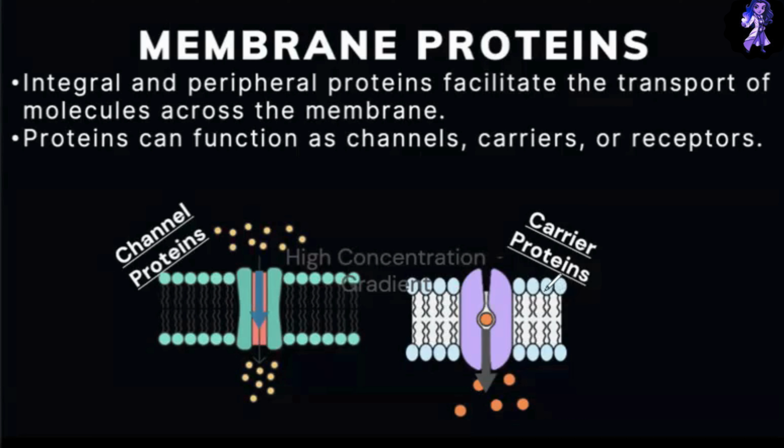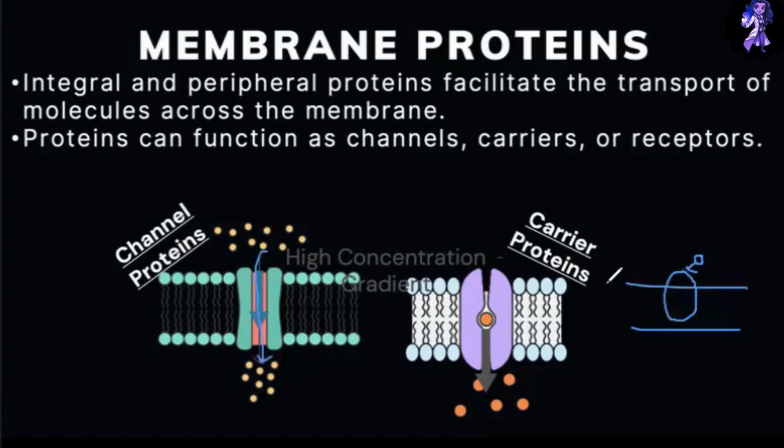A receptor, for example, would be a protein that allows for some sort of attachment. And then we have channel and carrier proteins. Channel proteins allow for some movement, somewhat like a tunnel, usually moving substances from one side to the other, such as from areas of high concentration to areas of low concentration.